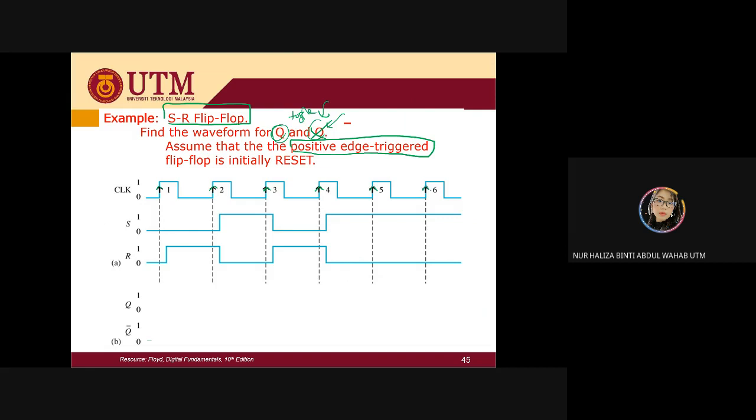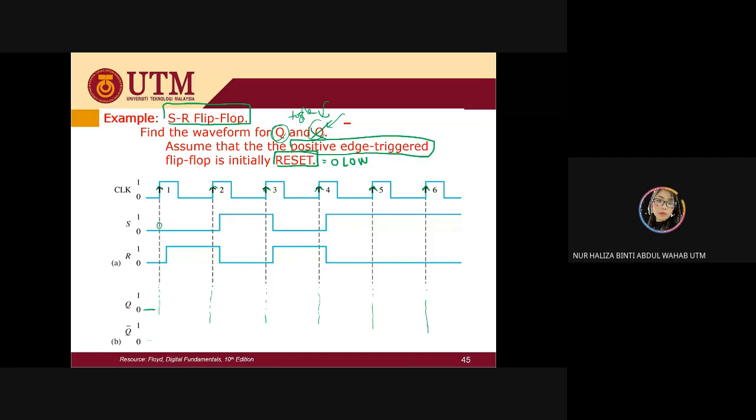And as always, the initial value will be given. The flip-flop is initially reset. Reset means 0 or low. So our initial is given there. And look at this dotted line only. For this dotted line, I'm going to put the value.